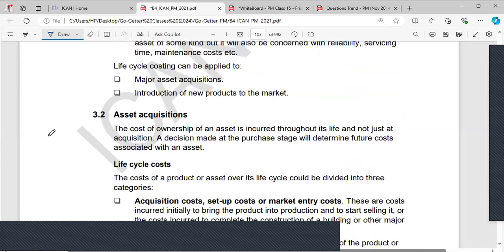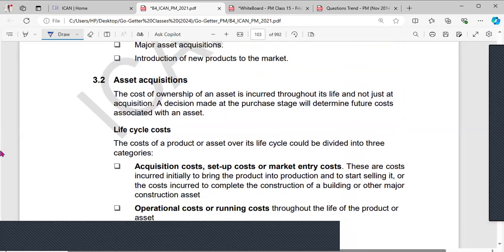Now, look at the life cycle costs. The costs of a product or asset over its lifetime could be divided into three categories. So you take note of these three categories.